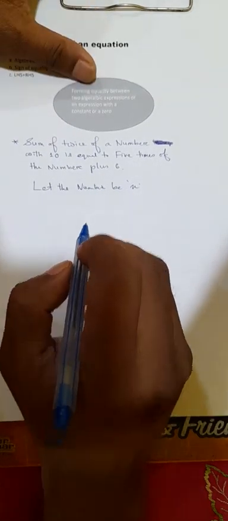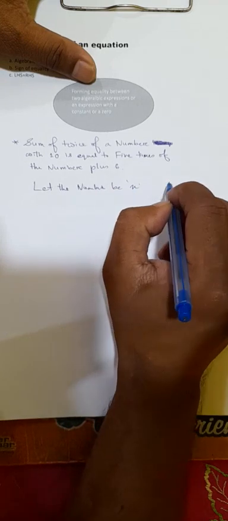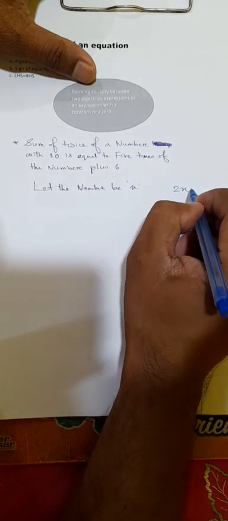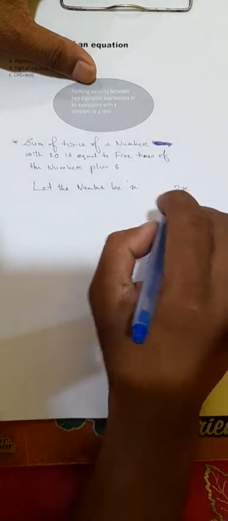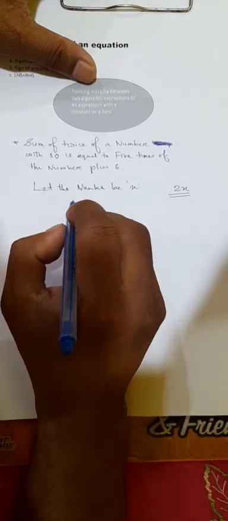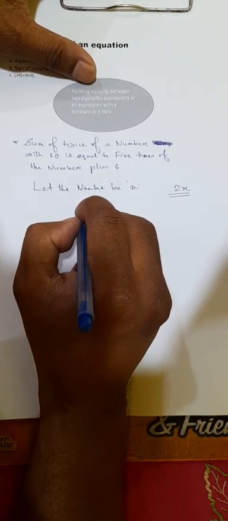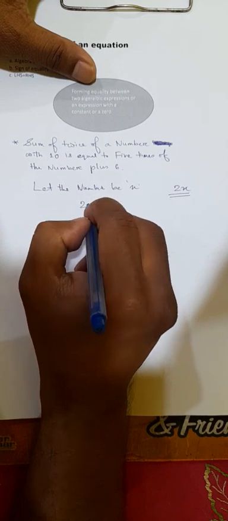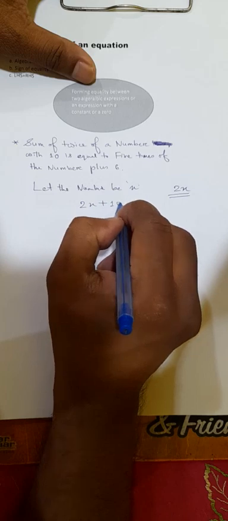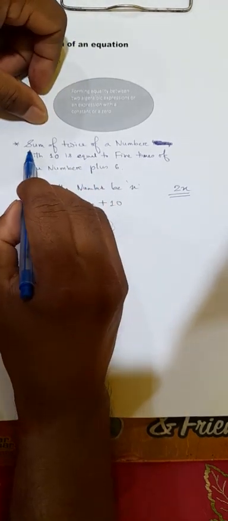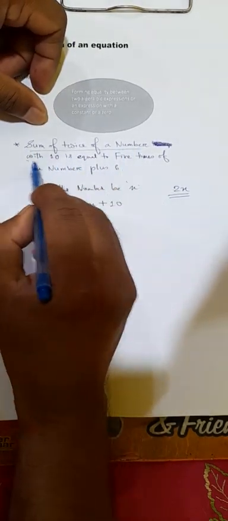So what is the twice of the number? Twice of the number is twice x. And sum of twice of the number with 10.